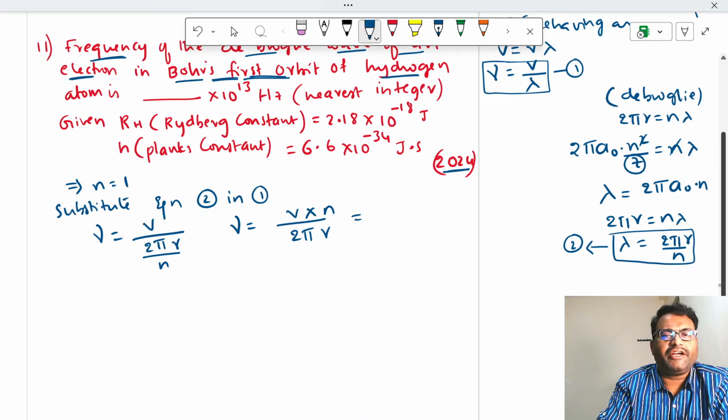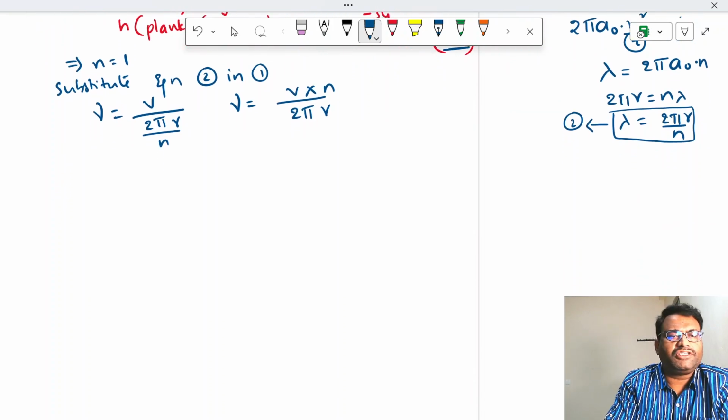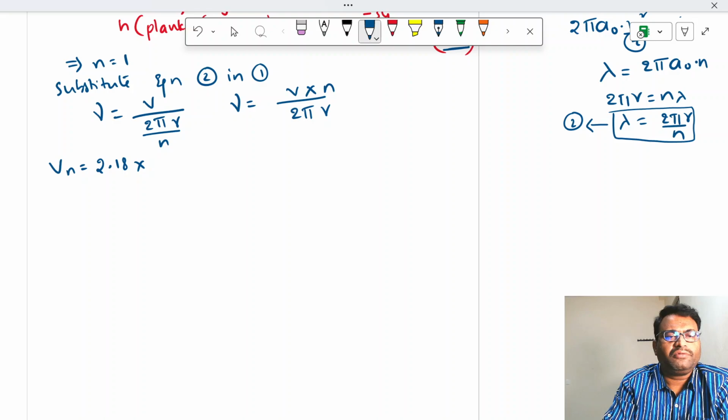For the hydrogen atom, we have calculated that the velocity of the nth orbit is given by 2.18 into 10 power 8 centimeter per second, or 2.18 into 10 power 6 meter per second, into z by n.